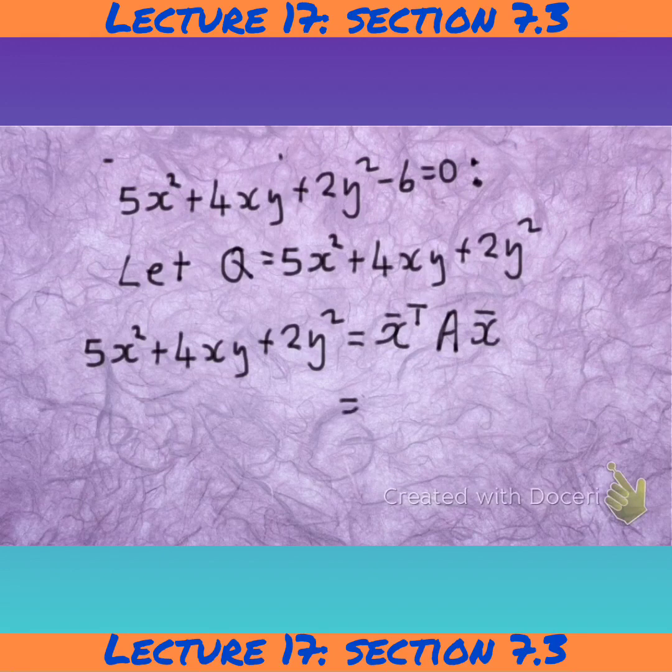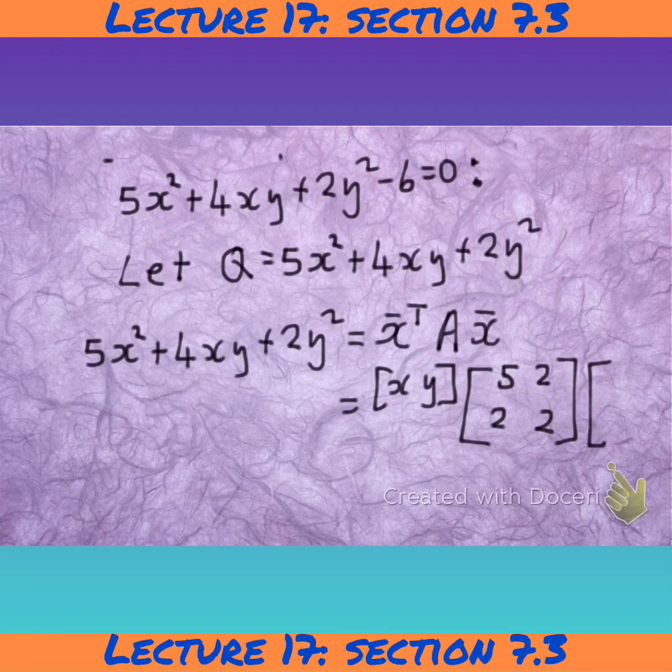Right, so we can determine what the symmetric matrix A needs to look like. So you can solve for A as that, and you can write that quadratic form as a product between matrices in that form.